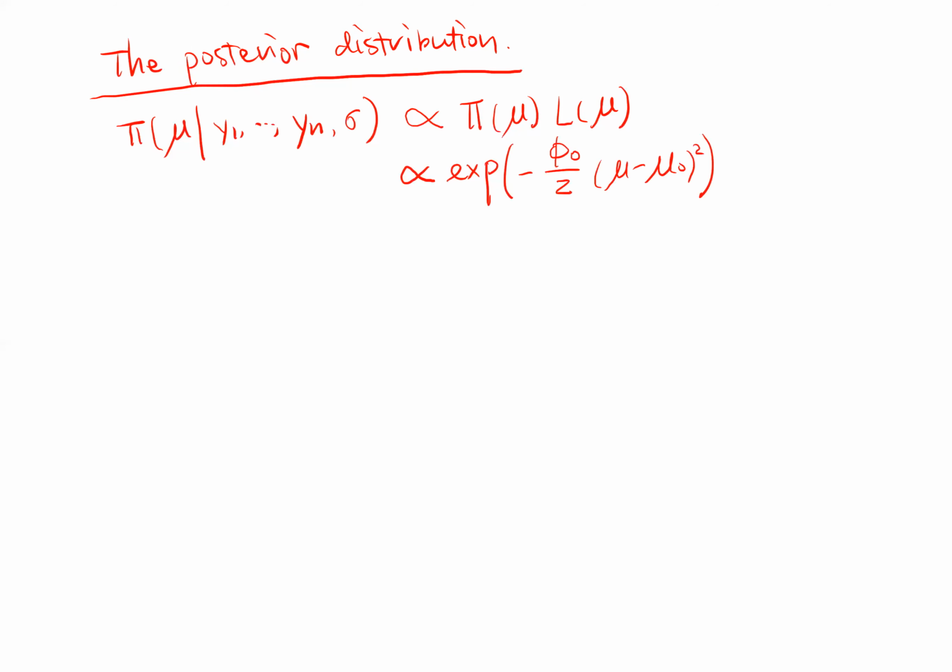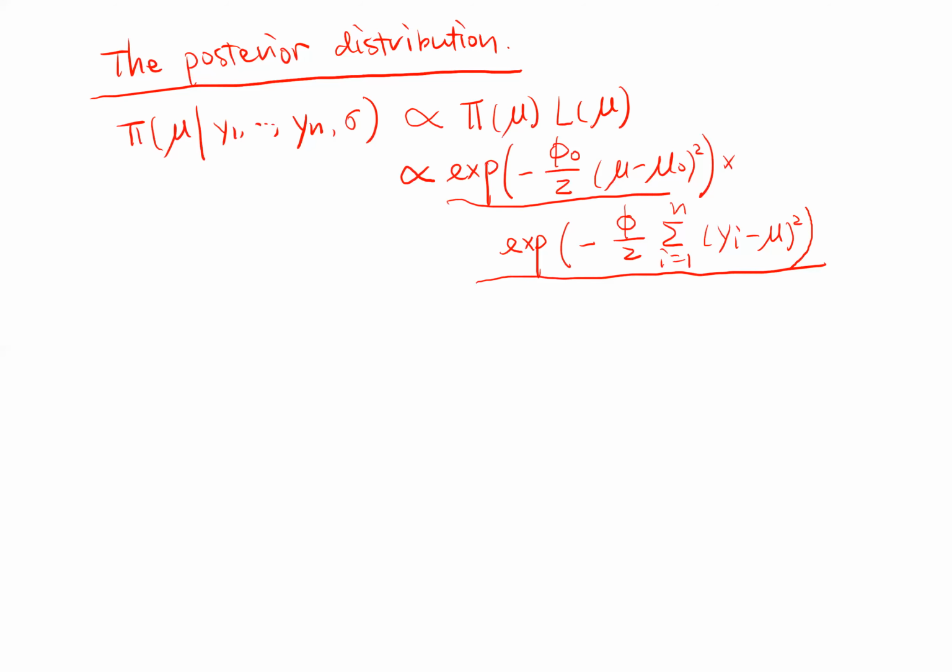And I will also write it for you that, I should say, I think it's this over phi and then sum of all of the yi minus mu squared, right? I think that's what the posterior, no, the likelihood part that is not a constant. Okay? So this is collecting what we have previously.